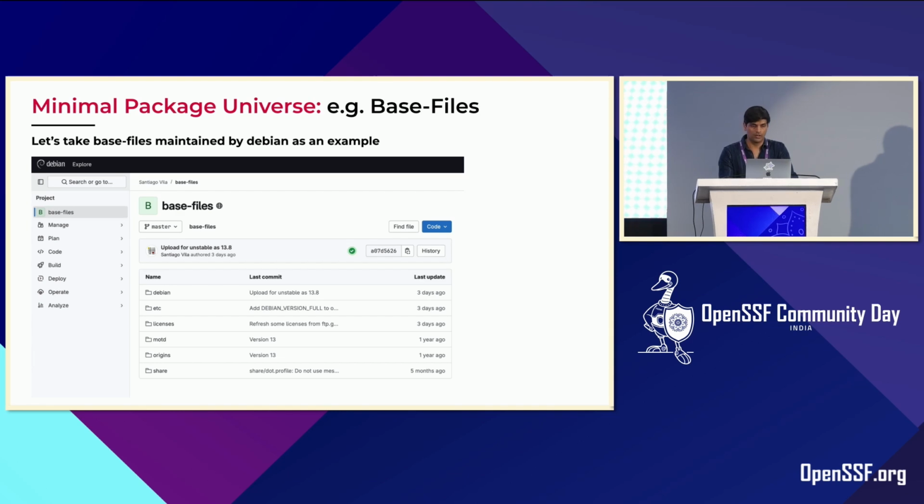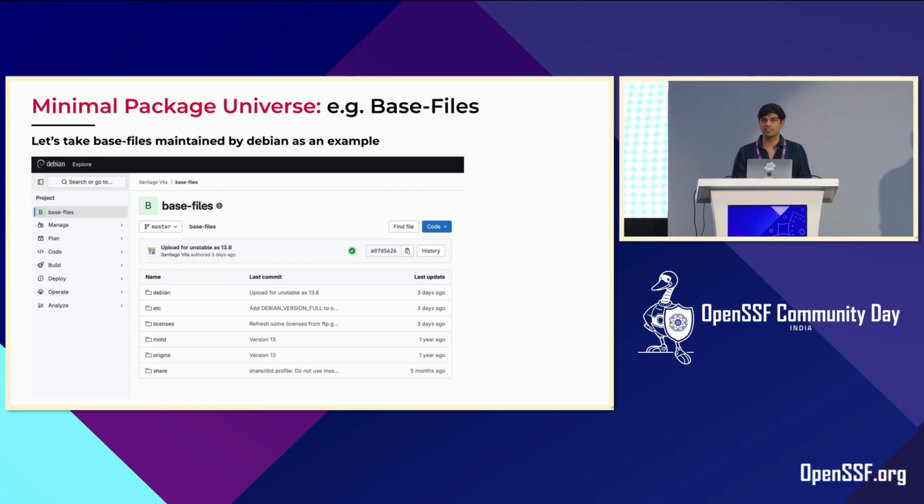I will take a unique example of base files, which is the package that creates the base layout. We generally don't need to do it because we always have a running version of a distro. But to install base files from the Debian archive, you need a shell, and surprisingly you need awk as well, it's a dependency, and a few more runtimes.